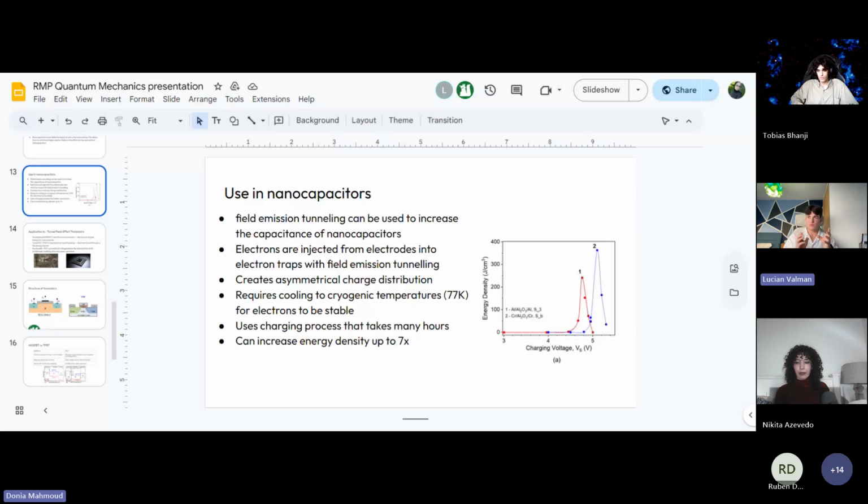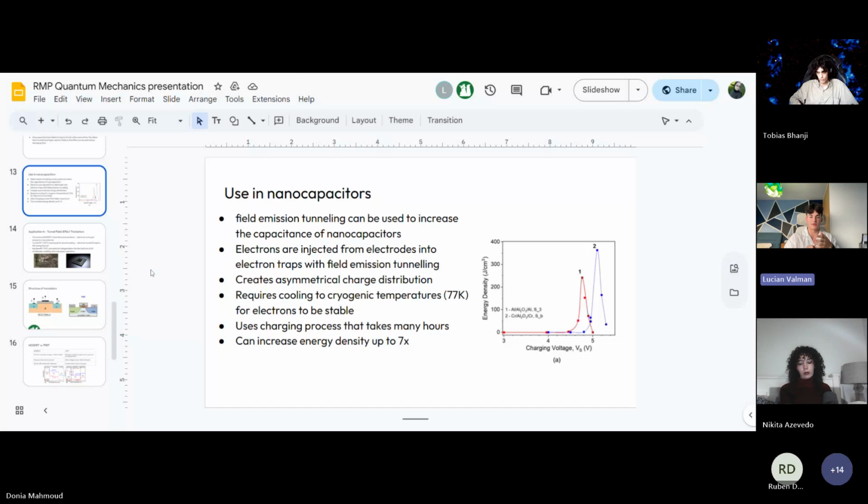Once it's heated up and the conductivity is increased, then current can flow between the different sides of the dielectric. So it increases the energy density stored in the capacitor.